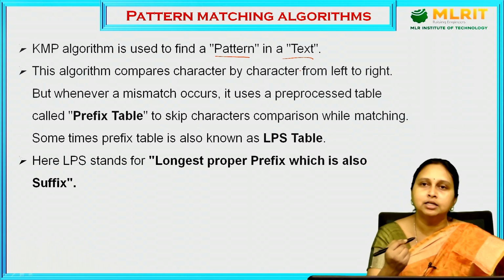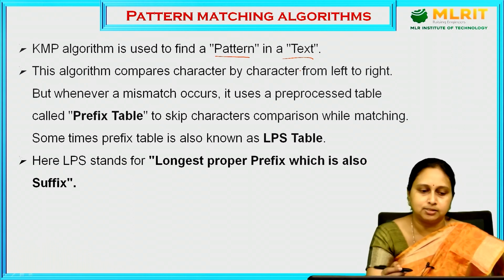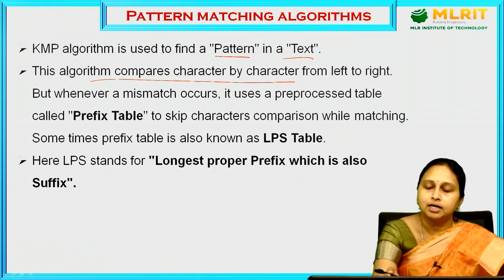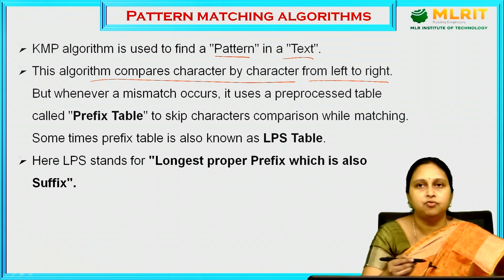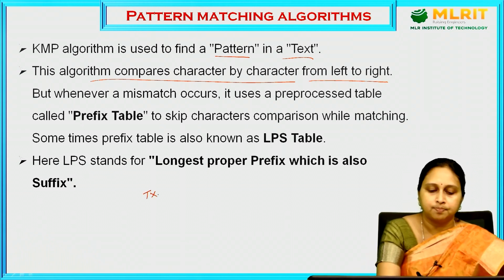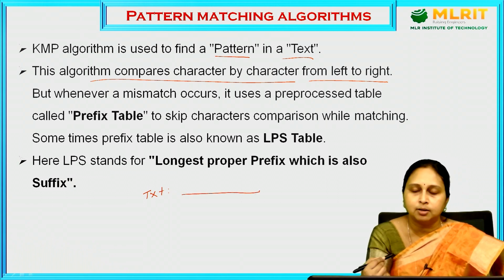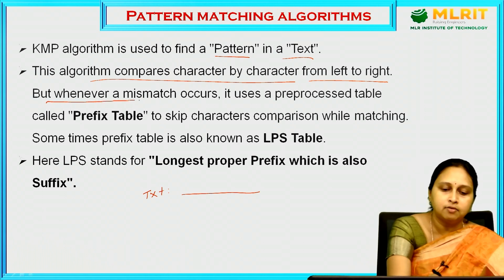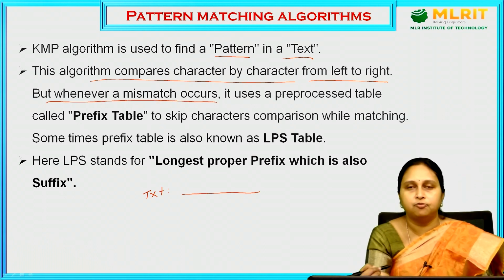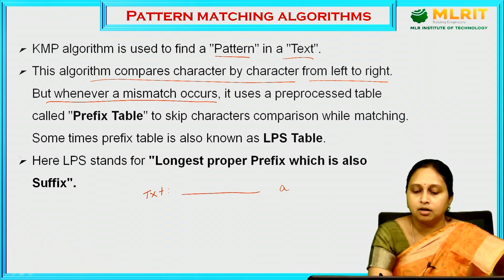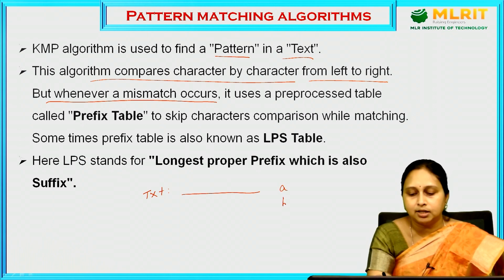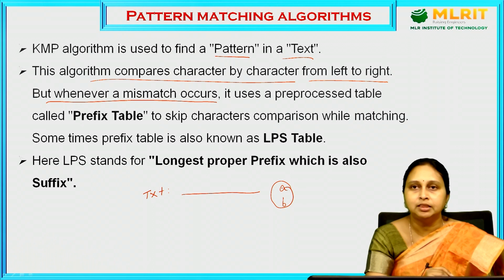Now, how is this algorithm going to work? Let us see. This algorithm compares character by character from left to right, that is, one value with another value. But whenever a mismatch occurs, suppose the text has A and the pattern has B, what happens?